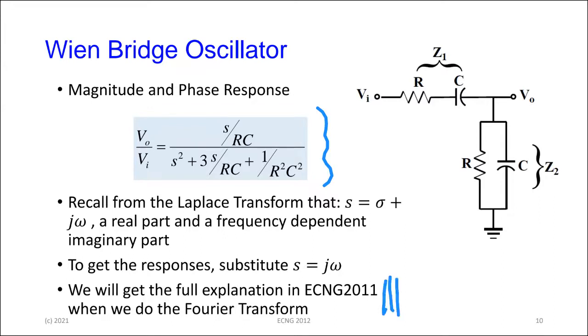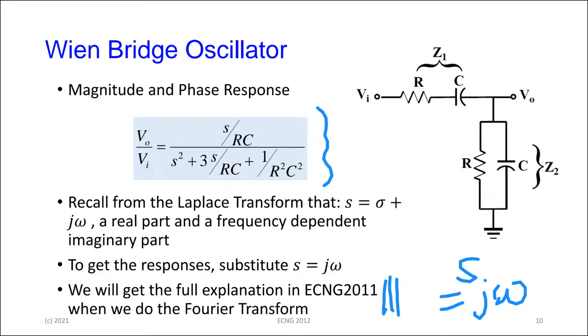We're going to have the full explanation for that in ECNG2011, but I'm using the answer here. So for the time being, accept that when you have a transfer function that is a function of S, to find out how it varies with frequency, you substitute S with j omega. Omega, of course, is 2 pi f, so that is your frequency variable. The omega here is in radians, or I could get it in hertz using the 2 pi f substitution.